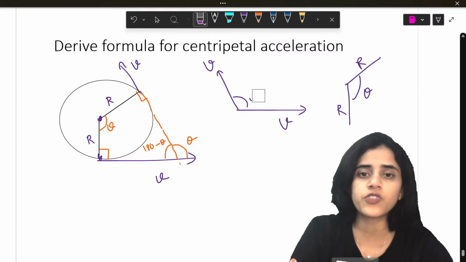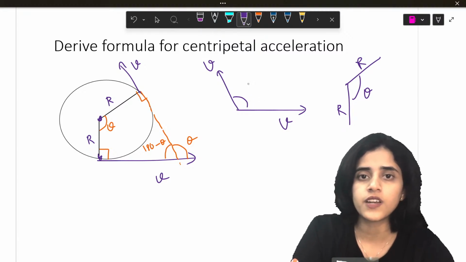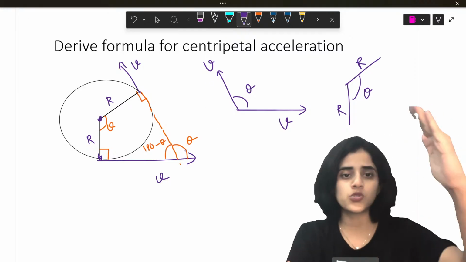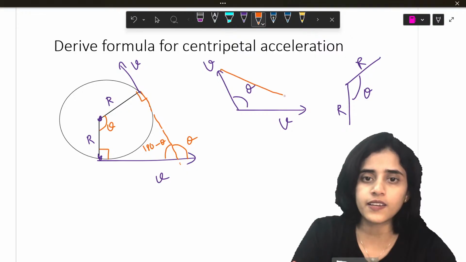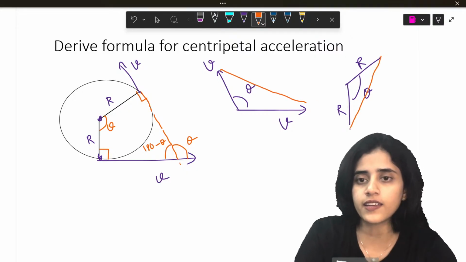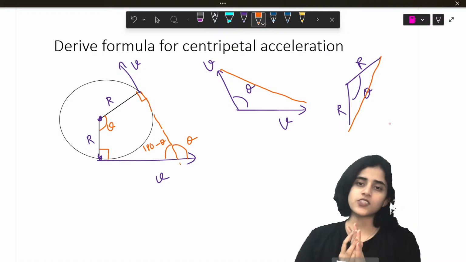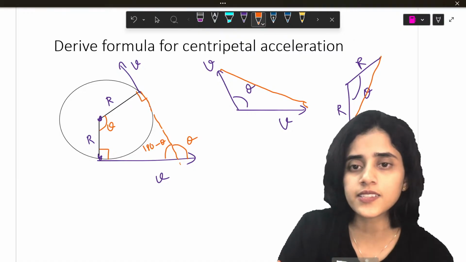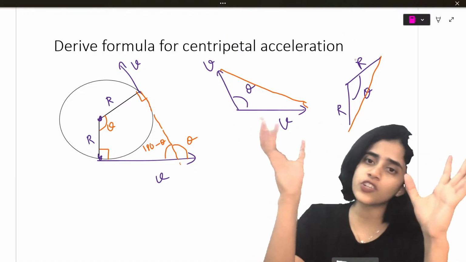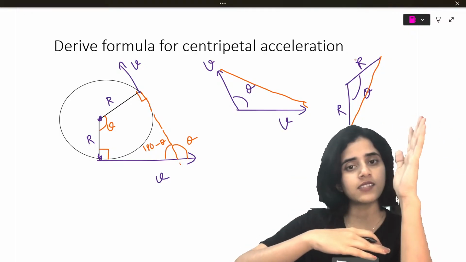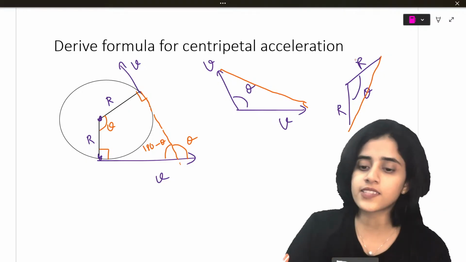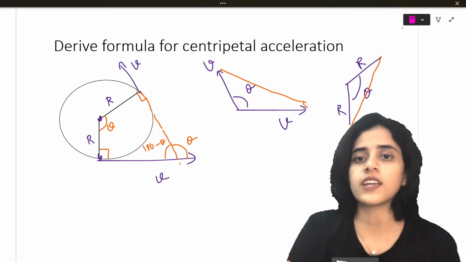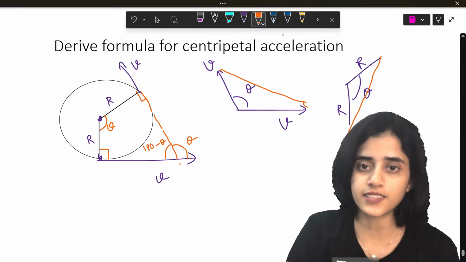This I've just drawn from the main figure. I've just taken these two theta angles. Now if I draw a line here and I draw a line here, aren't both these triangles identical triangles? It's just that they're in different shapes. But both the sides are the same, V and V, R and R, angle is theta. The orange lines are also the same. So these triangles are basically identical triangles.